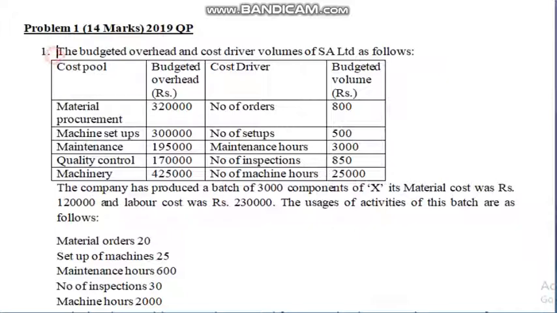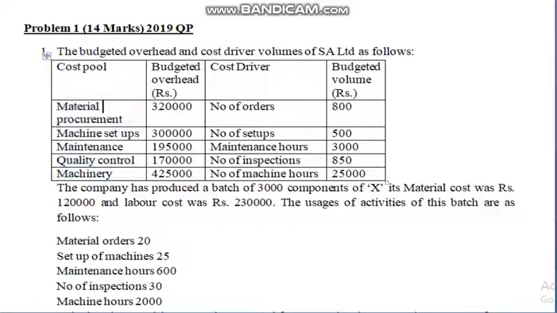The budgeted overhead and cost driver volumes of SA Limited are as follows. So this is the cost pool. First material procurement cost, next setup cost, maintenance cost, quality control cost, then cost of machinery.